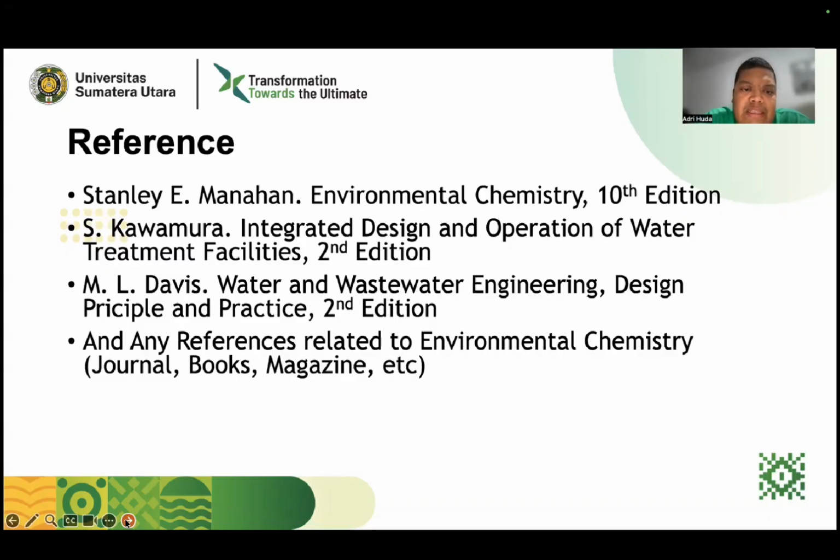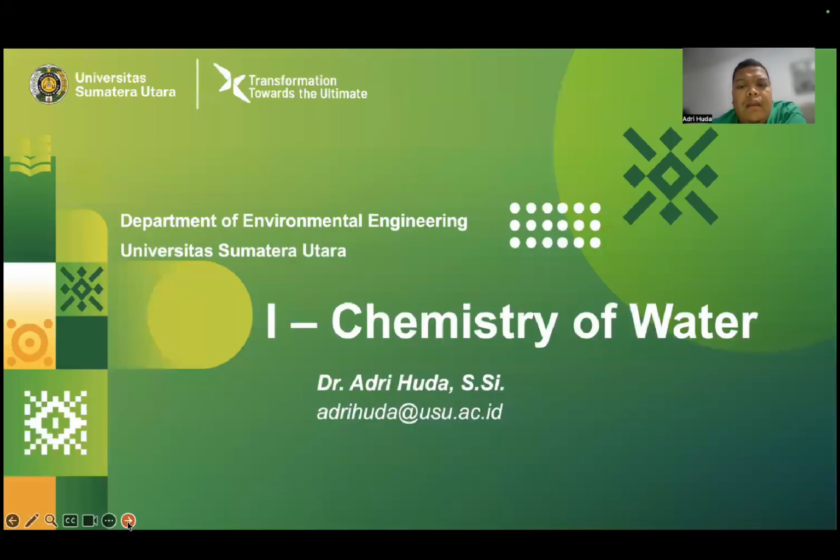For specifics on processing or how to treat the water later, we will use the Kawamura books or other books related to environmental chemistry. So there are no specific boundaries that you should learn from this book, no. But these are typically the books that we will usually use during the course or during the semesters.